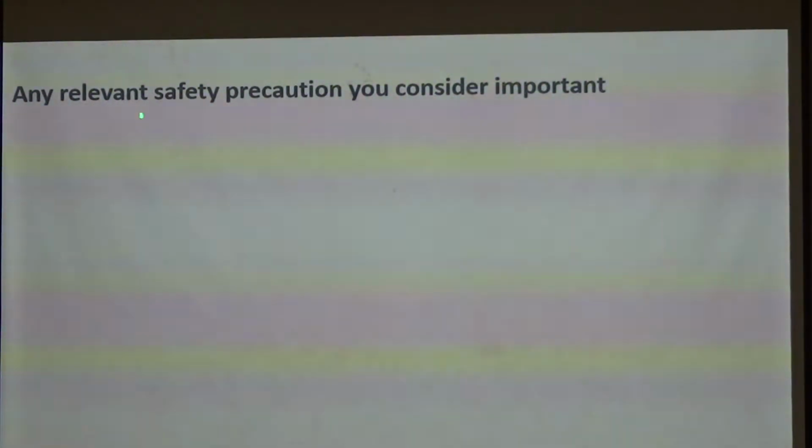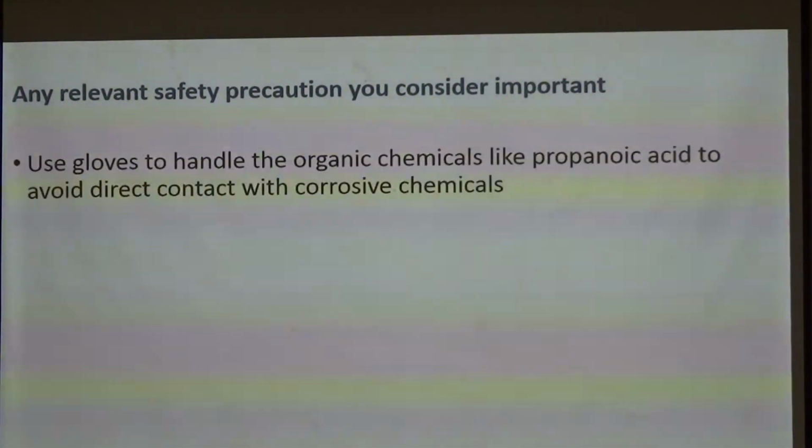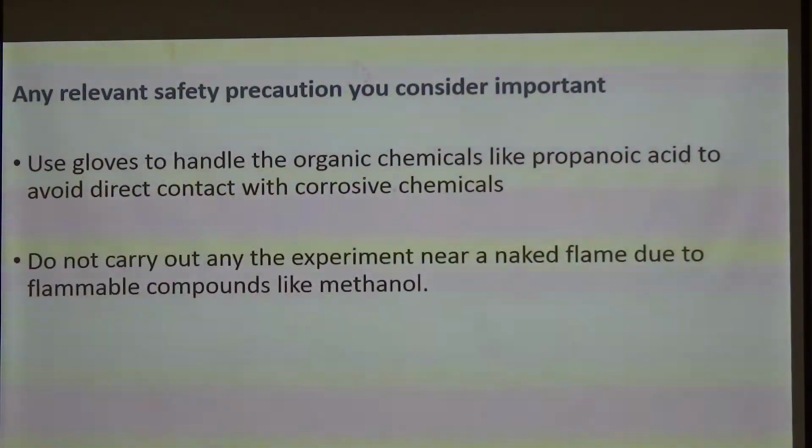And the last bit, any relevant safety precaution you consider important. Very common feature in planning question. Because chemicals like propanoic acid are corrosive, you will use gloves to handle them. Likewise, you will not carry out the experiment near a naked flame because methanol is a flammable compound.